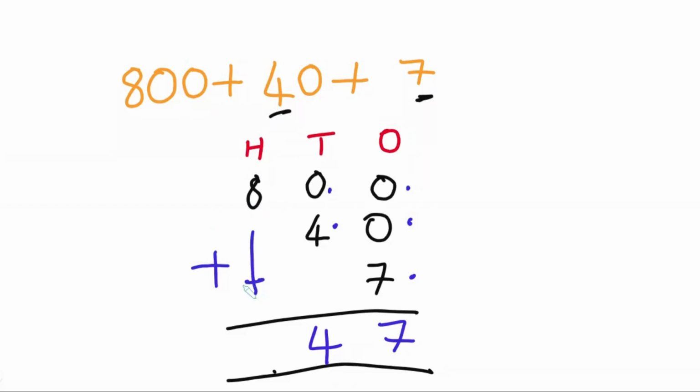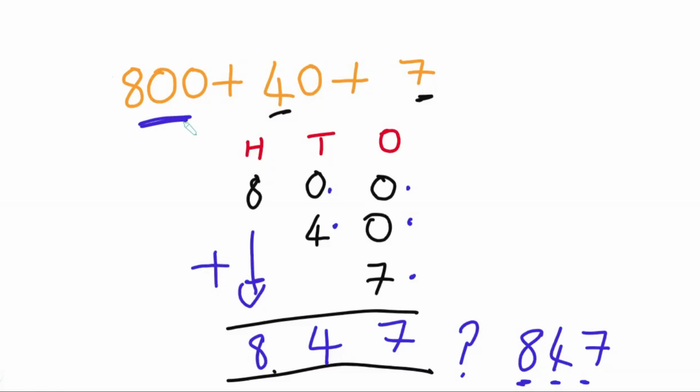And 8 by itself, move it all the way down, is 8. What is our total? Our total is 847. Because we added 800, 40, and 7.